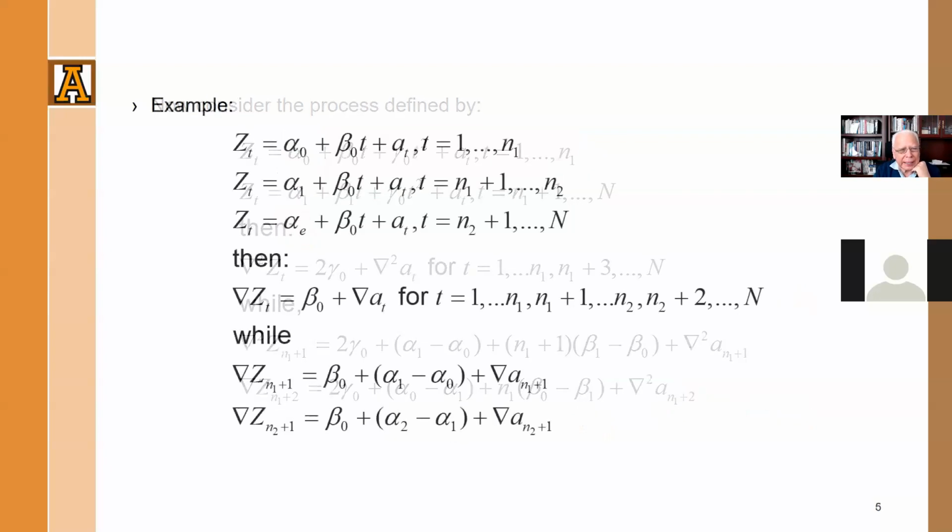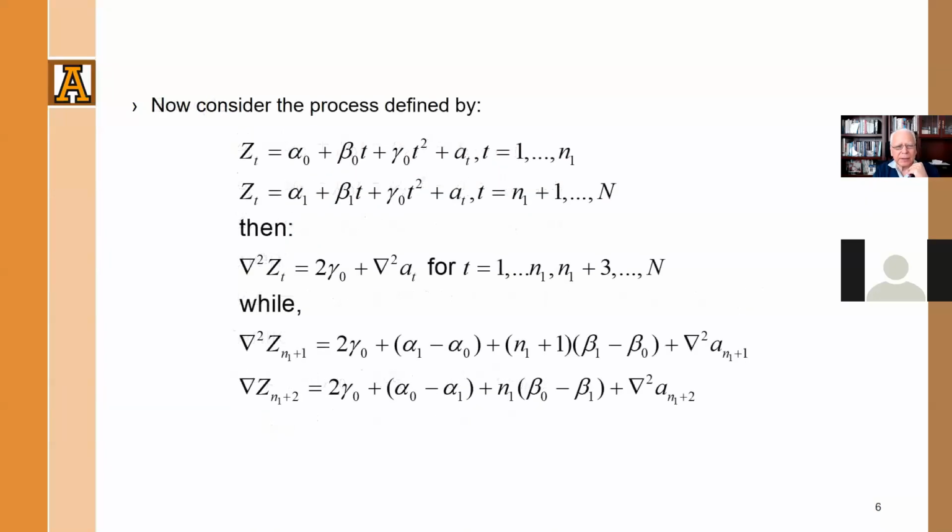Now let's look at a different process. Let's assume that we'll have two sections, but we have a polynomial trend of order 2. So my series Z_t would be alpha 0 plus beta 0 t plus gamma 0 t squared for t equals 1 through n1.